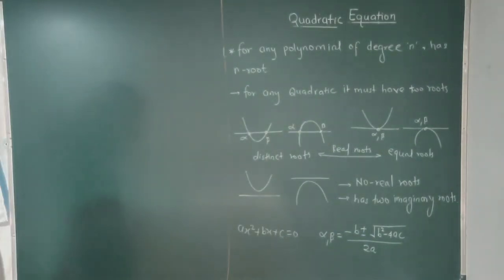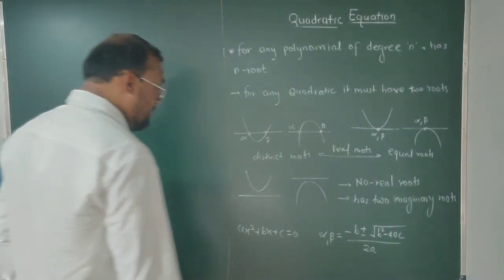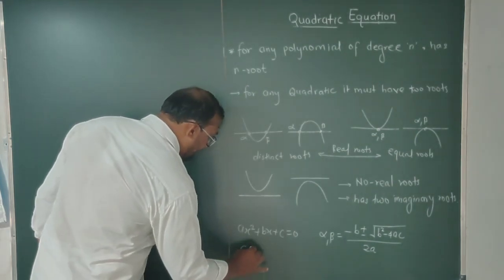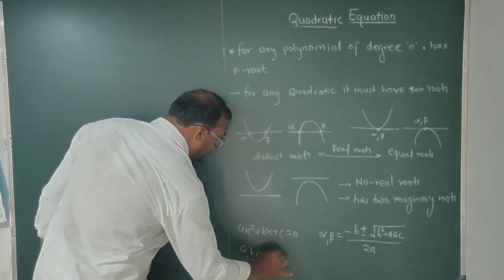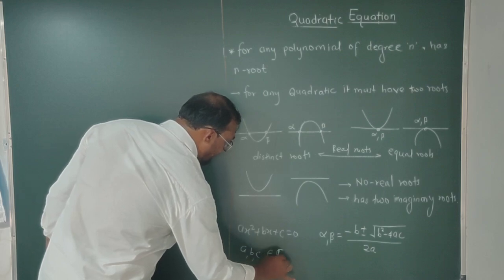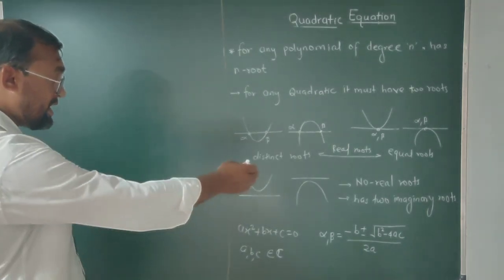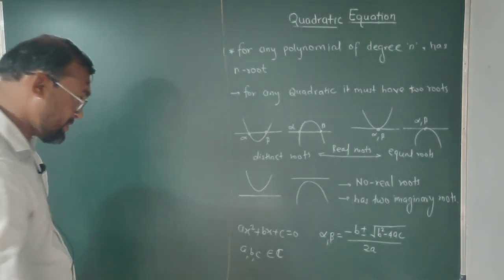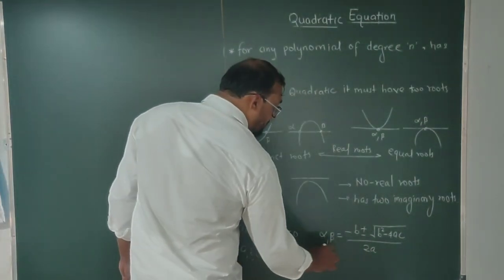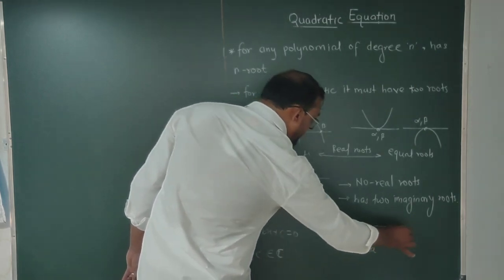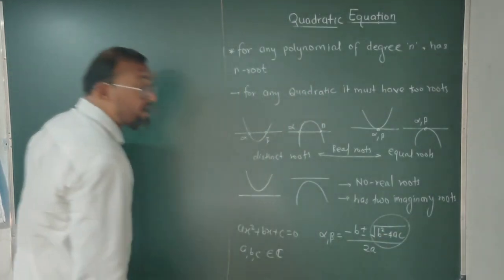These are the two roots that we know. But if you look at it carefully, a, b and c belong to complex numbers, so they can take any values, and this relation holds good for any complex number also. You can see that we have a term in the root.